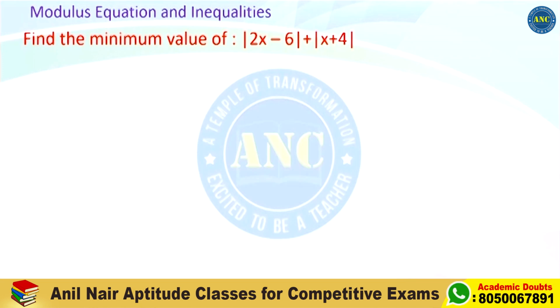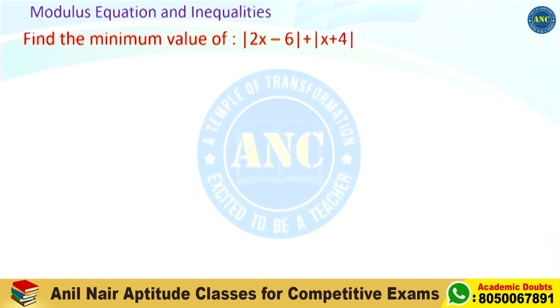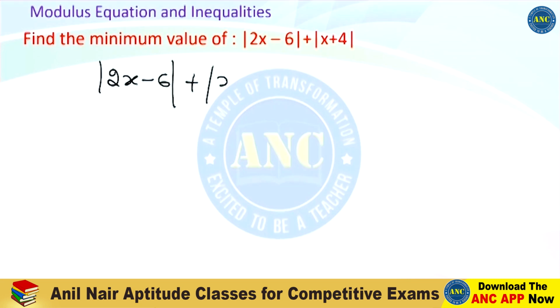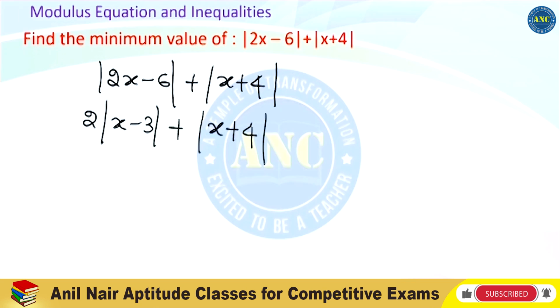Next one. This seems a little complex question, but actually I will make it very easy for you. Find the minimum value of mod 2x minus 6 plus mod x plus 4. This can be written as 2 into mod x minus 3 plus mod x plus 4. Are you all with me?